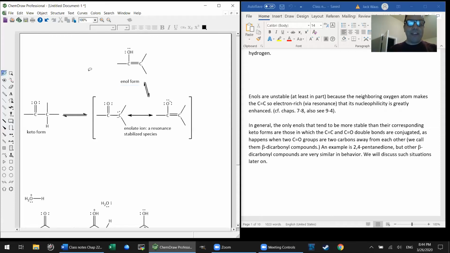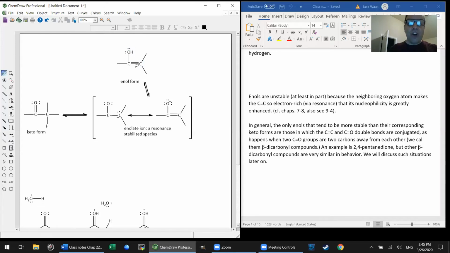And the main reason, as we'll go over some examples of this in just a moment, is that the presence of this electron-rich oxygen atom makes the carbon-carbon double bond here very much more electron-rich. So it's electron donating by resonance. And so the reactivity of this carbon-carbon double bond is very much greater than what it would be if the OH group weren't here. In other words, if you just had a standard alkene.